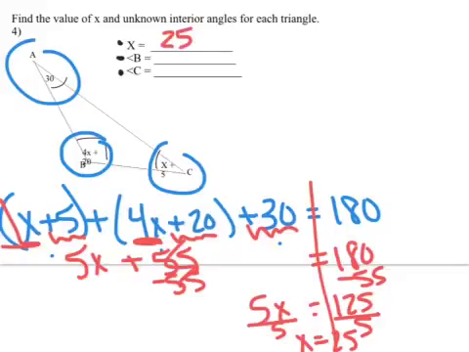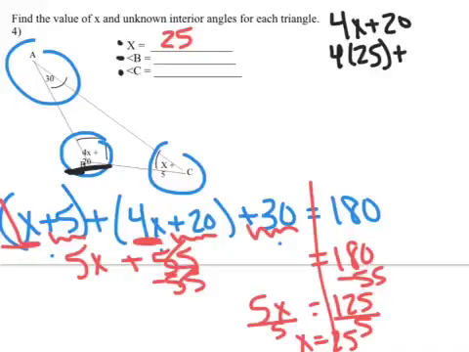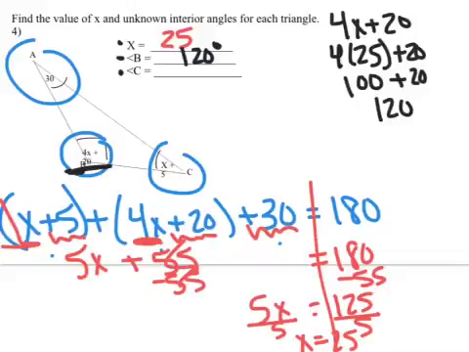Now, it also says we want to find the measure of angle B, which is 4x plus 20. We just said that x is 25, so 4 times 25 plus 20. 4 times 25 is 100, plus 20, so 120. So that means angle B is 120 degrees. And then angle C is down here, x plus 5.